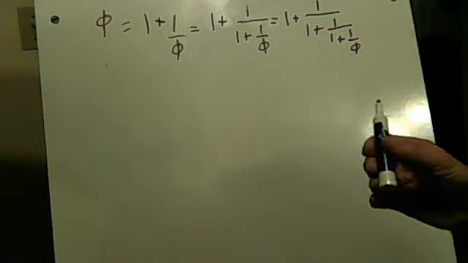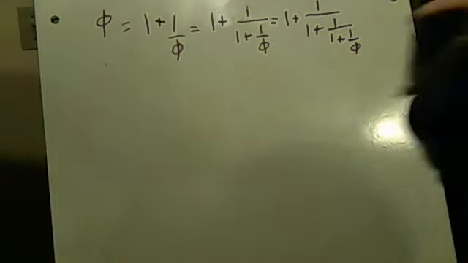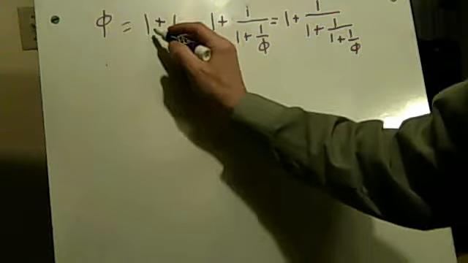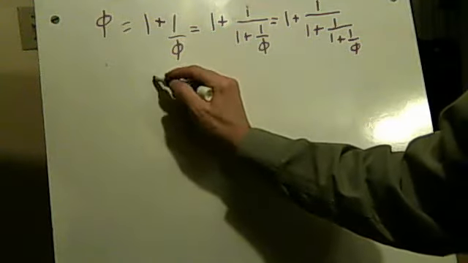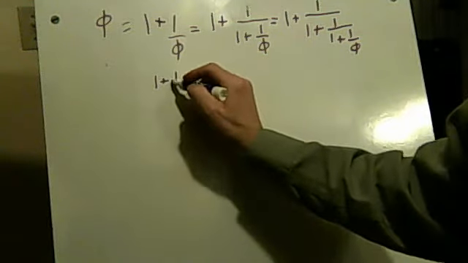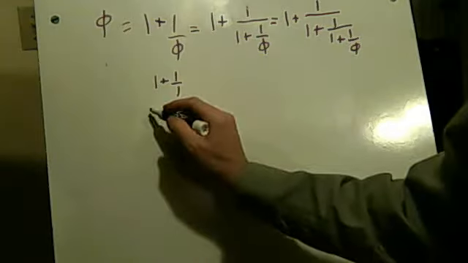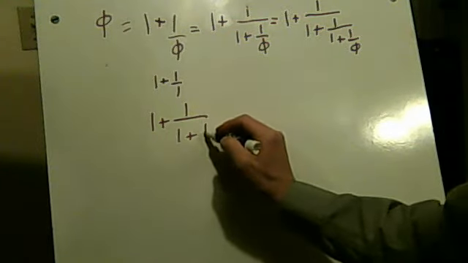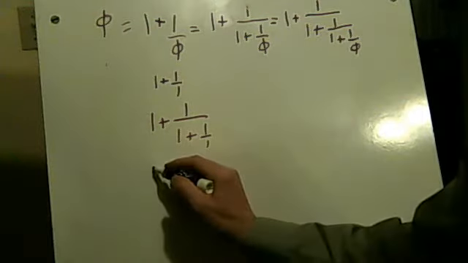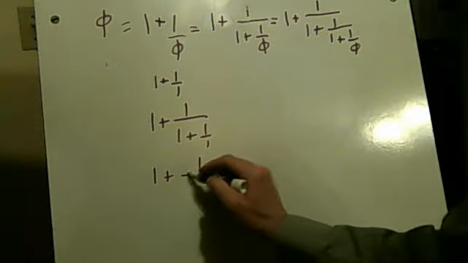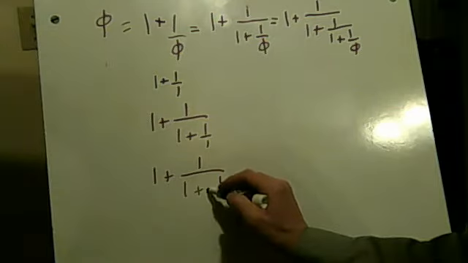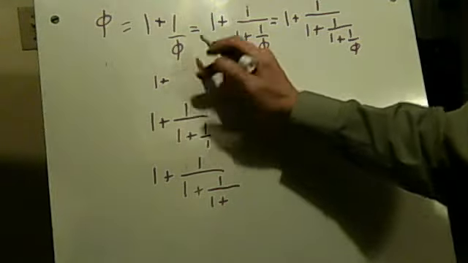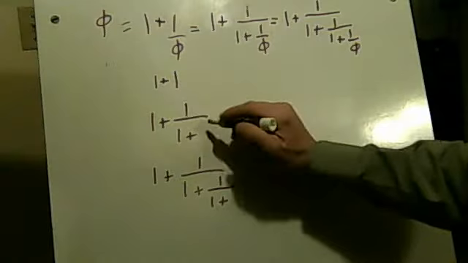So the idea is that you can make a series of expressions. Like you can say 1 plus 1 over 1. 1 plus 1 over 1 plus 1 over 1. 1 plus 1 over 1 plus 1 over 1 plus 1 over 1. Well, the 1 over 1 doesn't really matter, I might as well just make that 1, right?